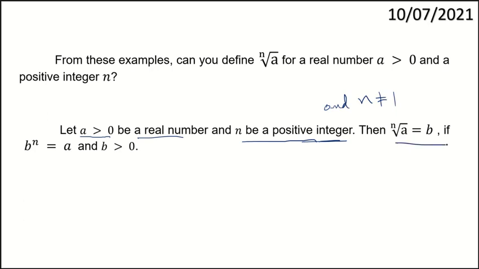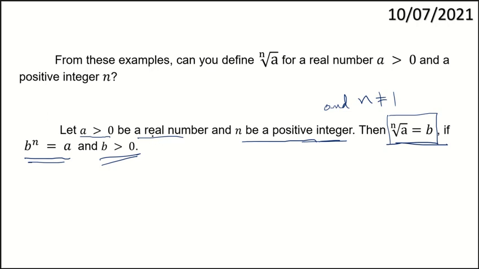Then nth root a is written as something equal to b: nth root a is equal to b if b to the power n is equal to a for some positive real number b. This is the definition mathematically.